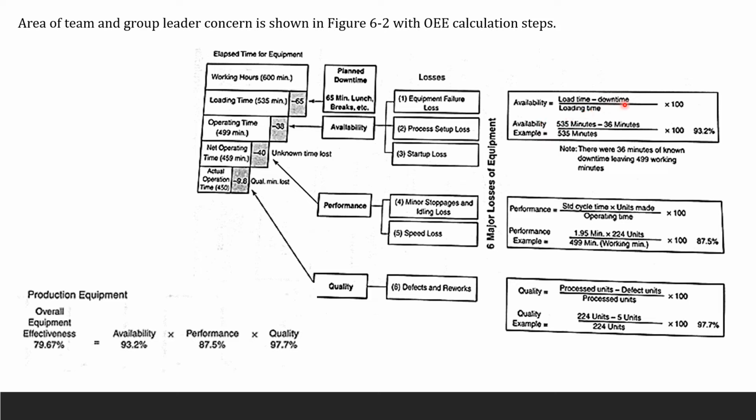For availability, your loading time minus downtime divided by loading time, times 100, gives you your availability. Make sure you get these 1, 2, and 3 calculations so you are able to calculate the OEE. I'll ask you and you should be able to calculate that.